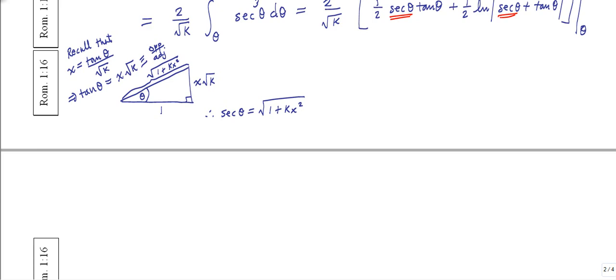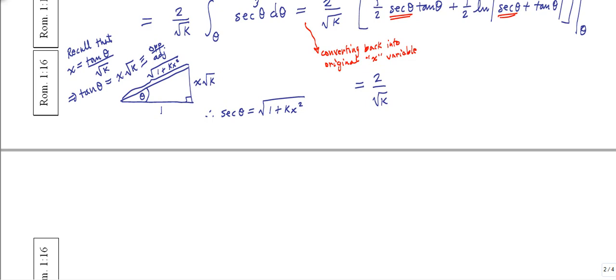And so that means that, so let me say what I'm doing here. So converting back into original x variable, then I get that this is equal to 2 over radical k.